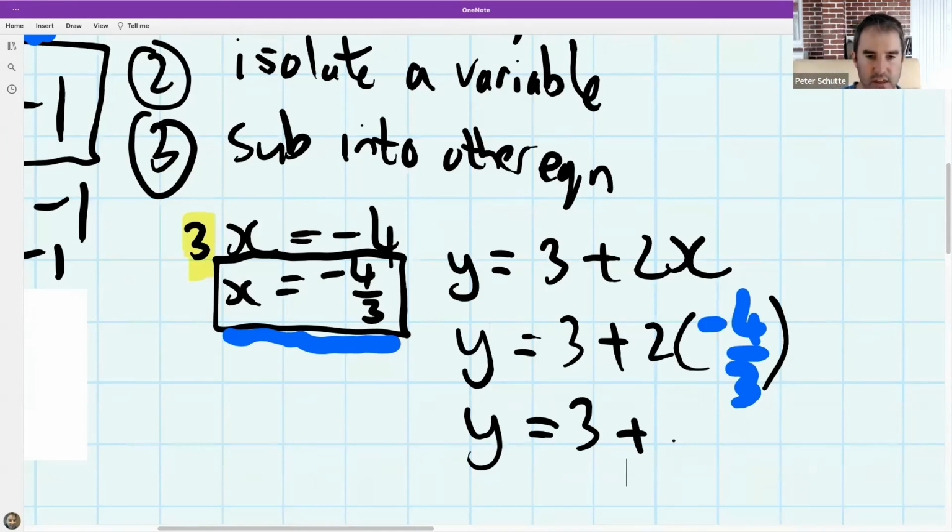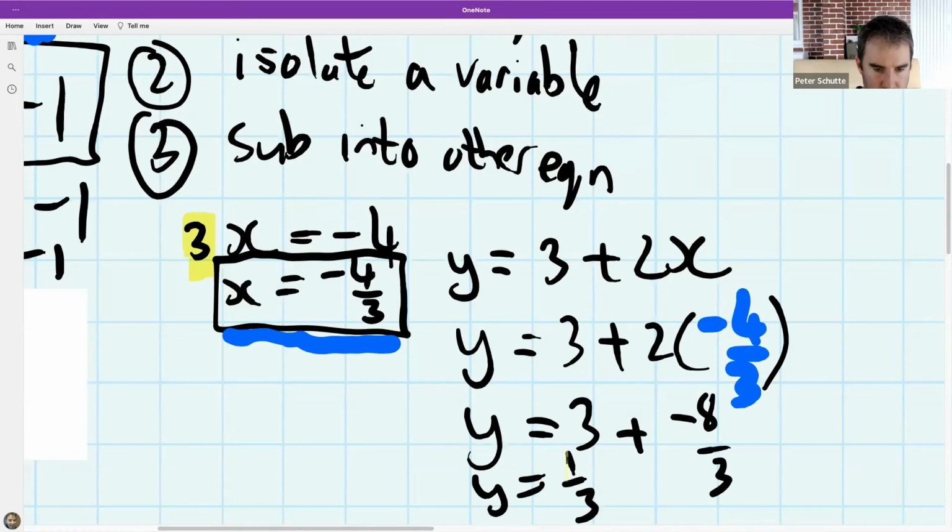If you want, 3 plus 2 times minus 4 over 3. And what that's going to give you is that. And then let me put that in, 3 plus... I should get 1/3.